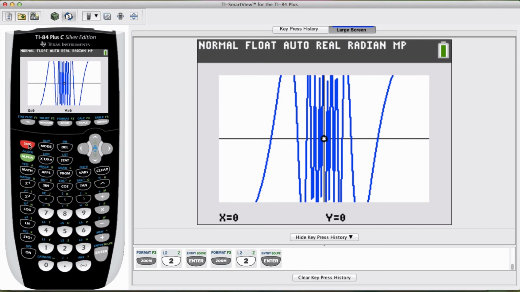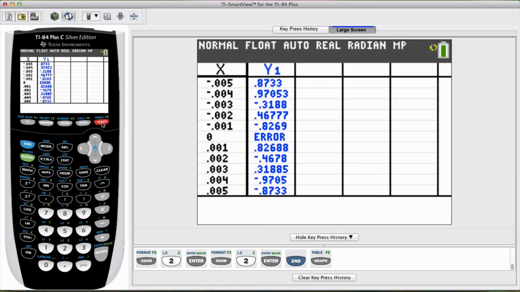In fact, if we go ahead and look at our table, notice that our y values are alternating between positive numbers and negative numbers. That is showing me that this is actually oscillating between two different y values, which means that the limit does not exist.